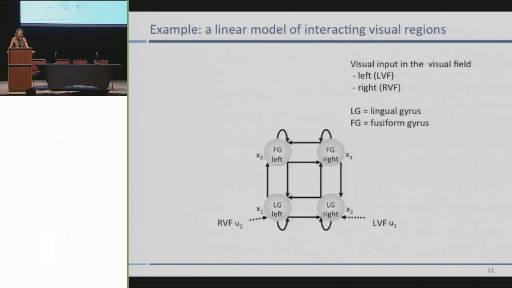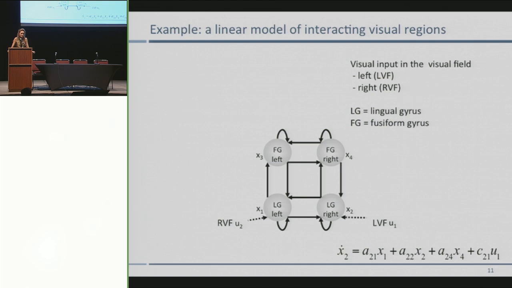And just to give you a more fleshed out example, if we wanted to present things to view in the left visual field and the right visual field, and we get entries into the right and left lingual gyrus, and that we see in our activation that we also have some fusiform gyrus activity, then we could model, for example, the right lingual gyrus x2 dot as having interactions from region x1, which is on the left, and the strength of that interaction is going to be controlled by this connectivity parameter A21.